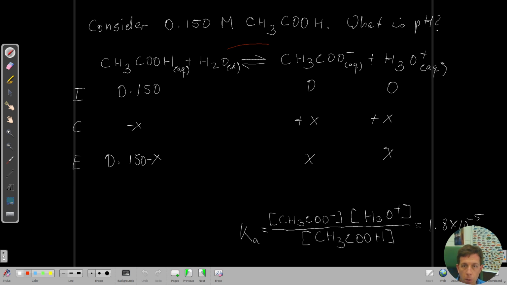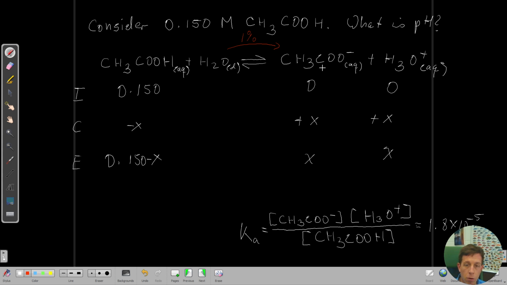So that means really only about 1% of the reaction has proceeded the way it's written. It is 99% acetic acid in its molecular unionized form. Only 1% of the acetic acid has been converted into the acetate ion and the hydronium ion.